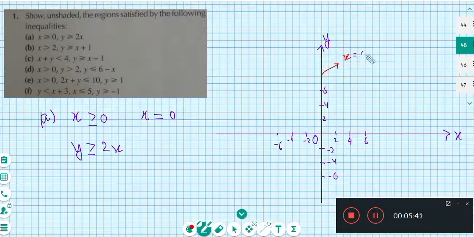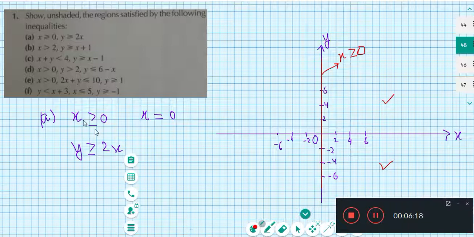But the inequality is x is greater than or equal to 0. It means I have to shade for x greater than or equal to 0. I have to shade the first quadrant and the fourth one, because in these two quadrants x is positive, whereas in the second and third quadrants x is negative. So I'm shading it first with this orange color.